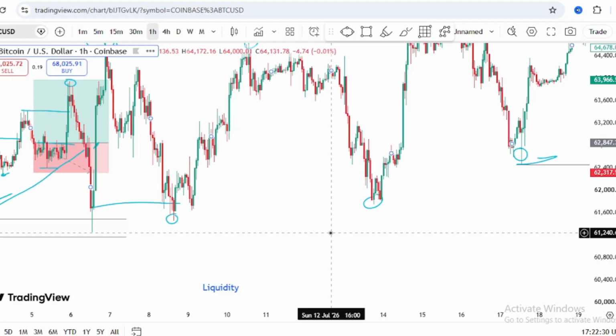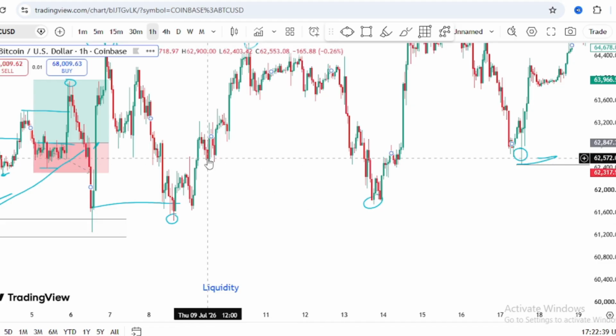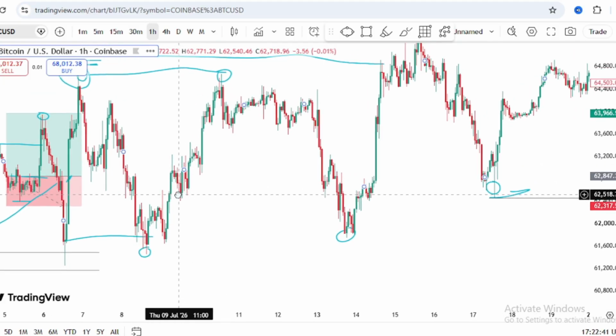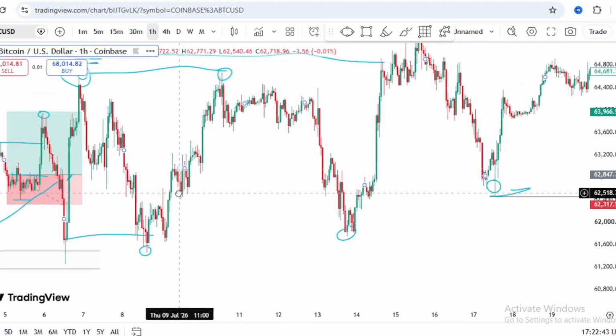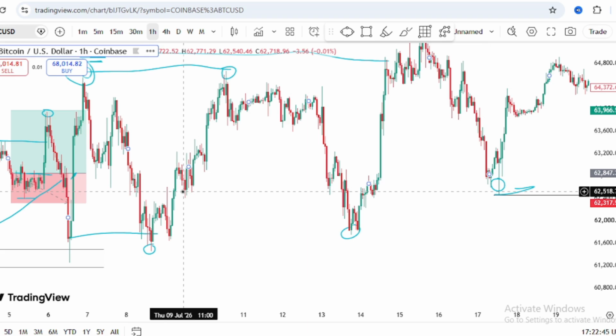Number one, wait for liquidity to be taken. You don't just predict where liquidity is or what will happen after liquidity. You wait for market reaction after liquidity has been taken. This is what I mean.